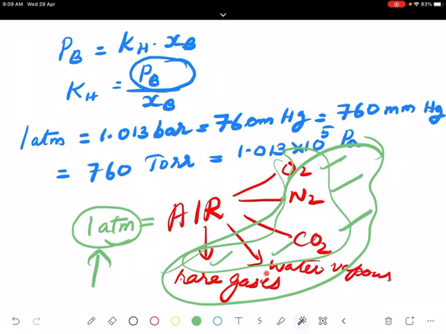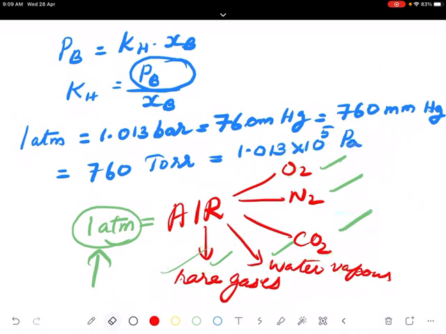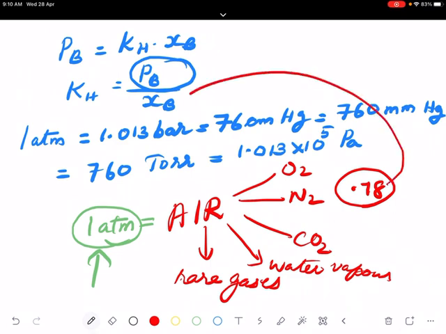You learned last year that the mole fraction of nitrogen in air is 0.78. So what is this mole fraction? Xb.